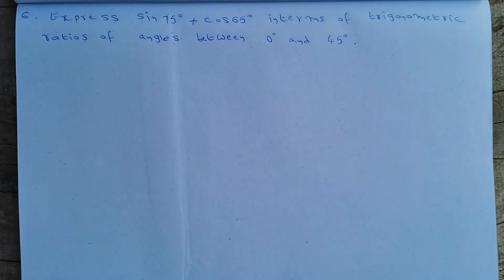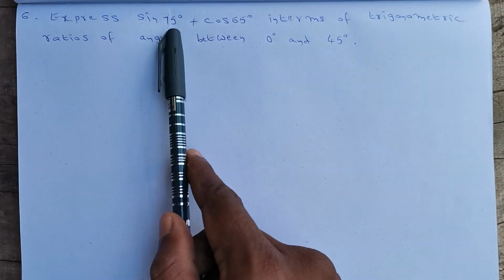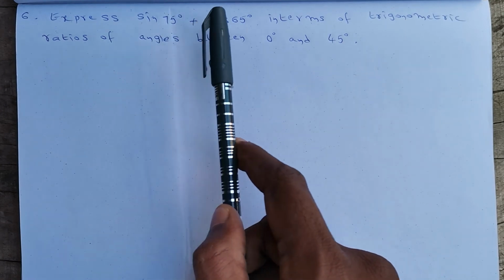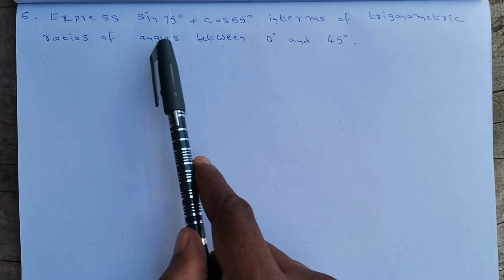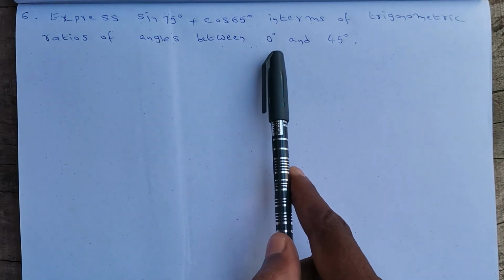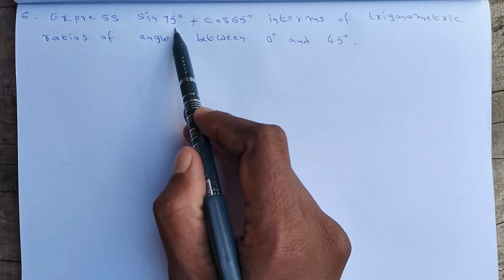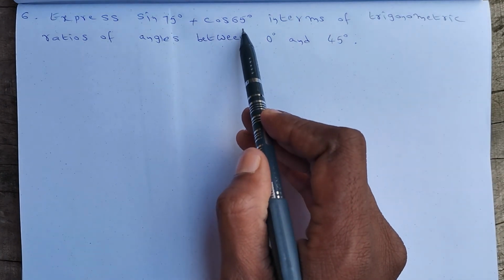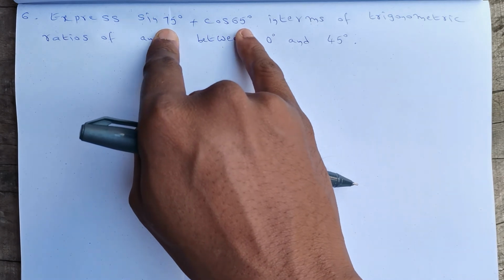Let us check the last question in this exercise. Express sin 75 plus cos 65 in terms of trigonometric ratios of angles between 0 degrees and 45 degrees. Here we have one angle 75 degrees and the second angle is 65 degrees. When we add these two, 75 plus 65, we get 140 degrees.